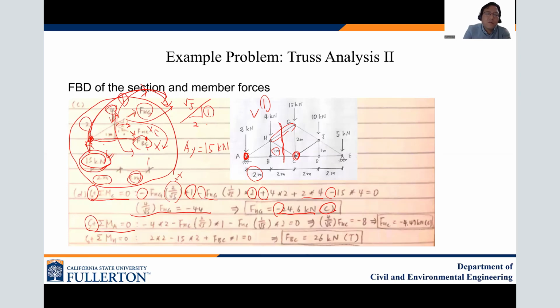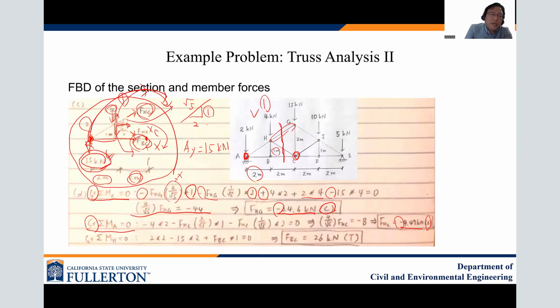But you can put the 4, and FHC now, because FBC and FHG cannot create a moment since they pass through point A, so there's no moment arm. FHC has an X component and a Y component also. And you find that FHC is minus 4.47 kilonewton. That minus sign means compression.